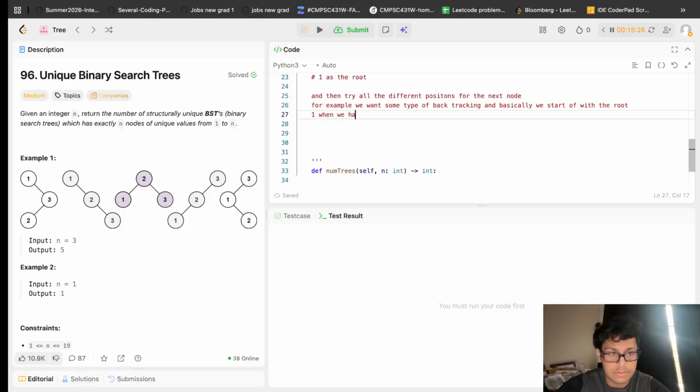When we have the root, for every node onwards from 1, 2 to 3, we can try placing 2 as the left child.